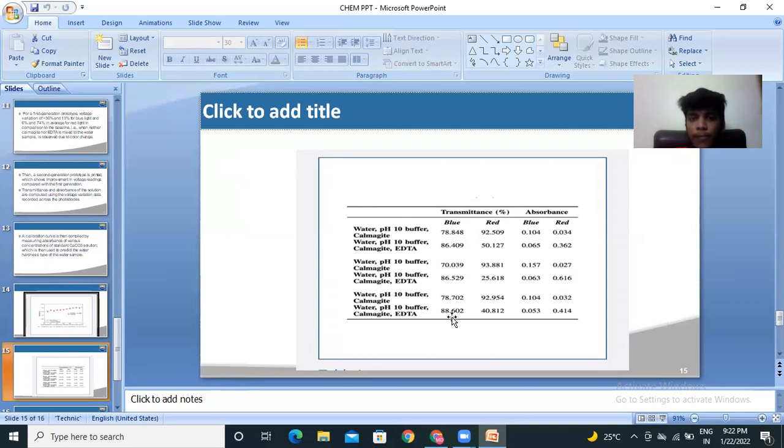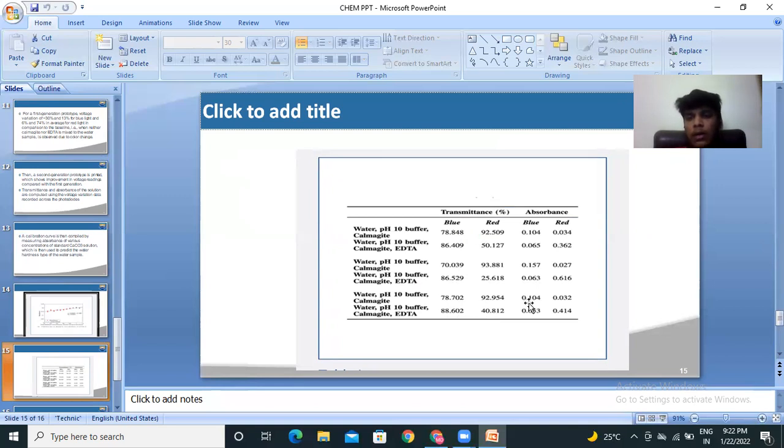In the third sample, the calmagite transmittance percentage in blue is 78, and with EDTA it is 88. In red, calmagite is 92 and EDTA is 40.81.